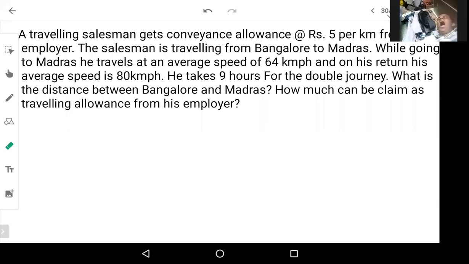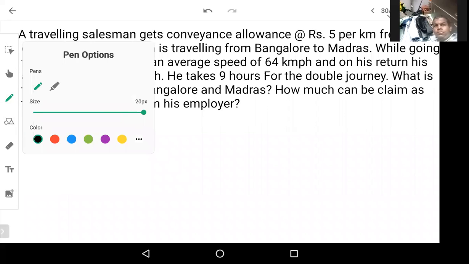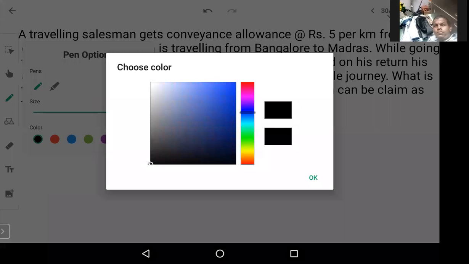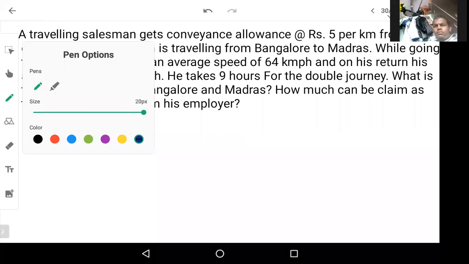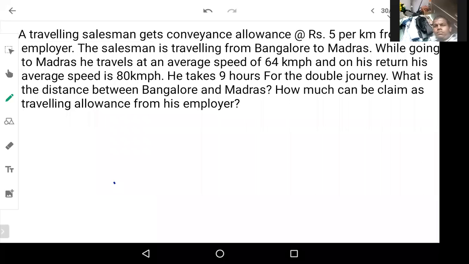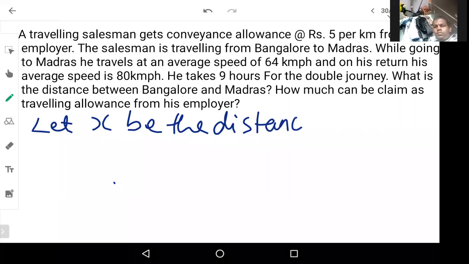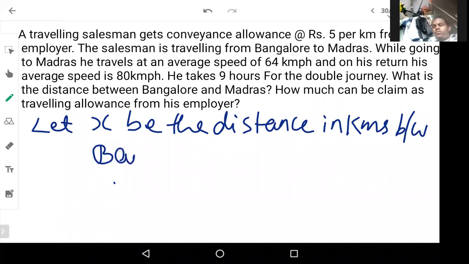Now, firstly, let x be the distance in kilometers between Bangalore and Madras.